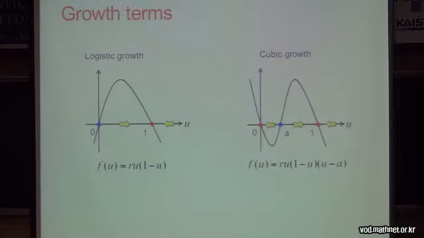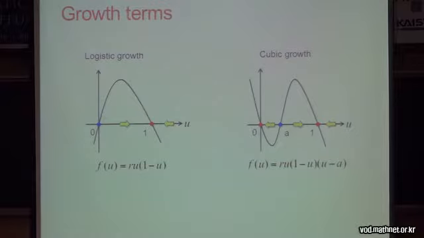On the other hand, another growth term is cubic growth. The profile of cubic growth is like this. The function form is like this: R U times 1 minus U times U minus A. In this case, there are three equilibria: U equal to 0, U equal to A, U equal to 1.